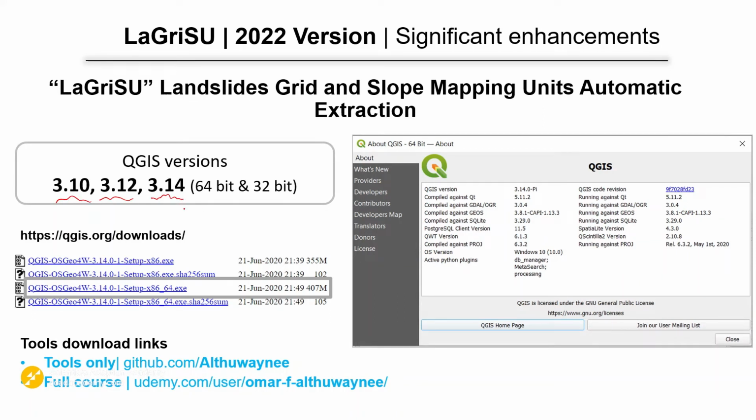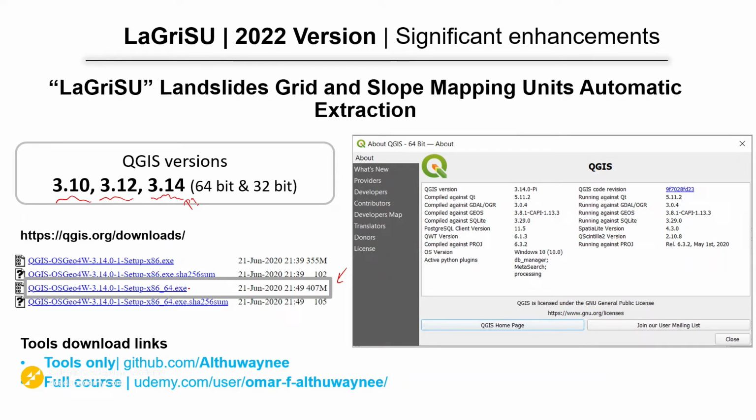Now we are able to run under 3.14, which I think is the pi version. We will also show you how to download it and support the models inside of it. Here you can get it.